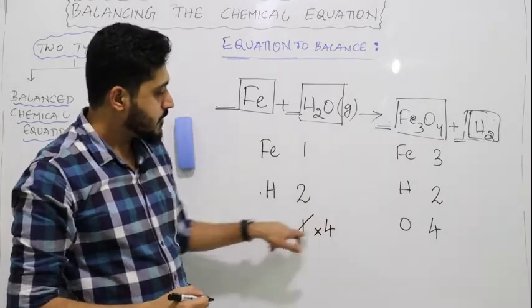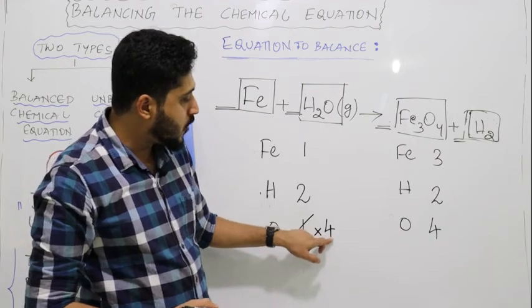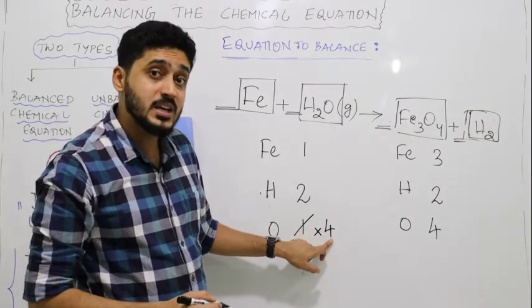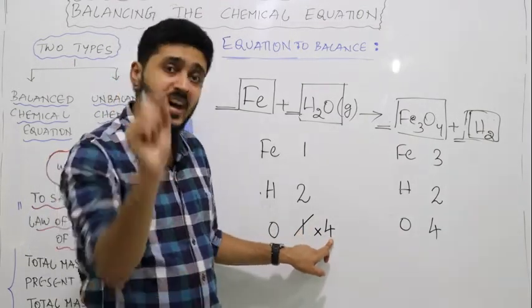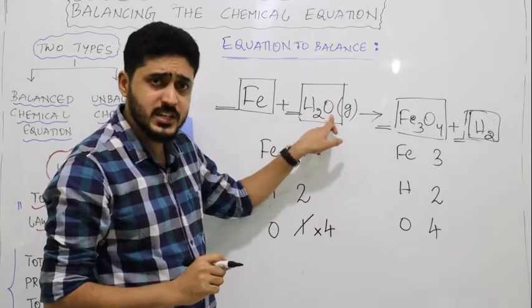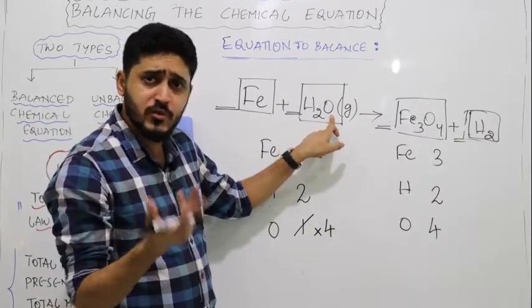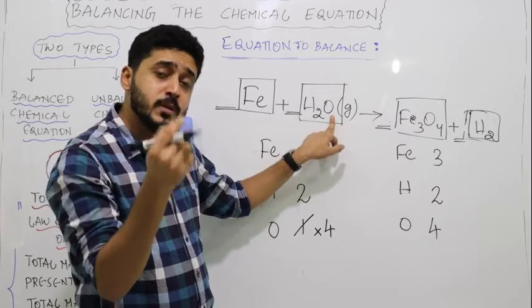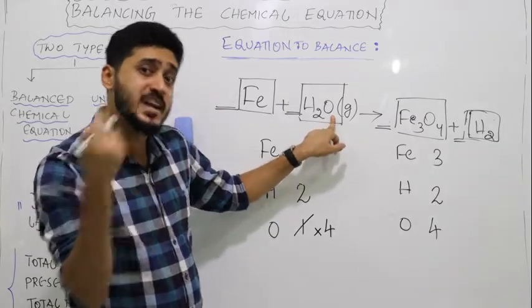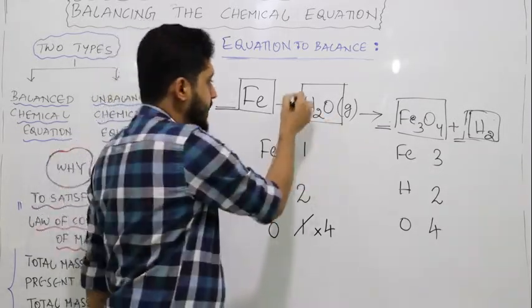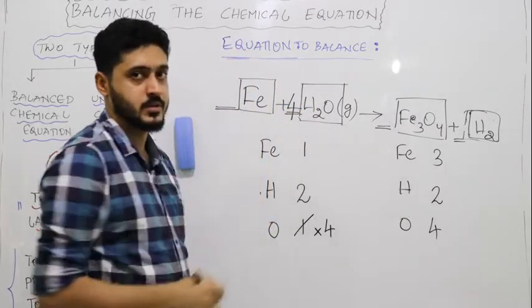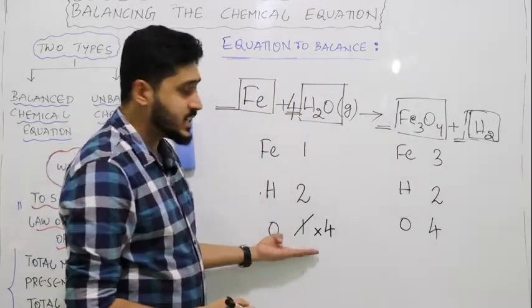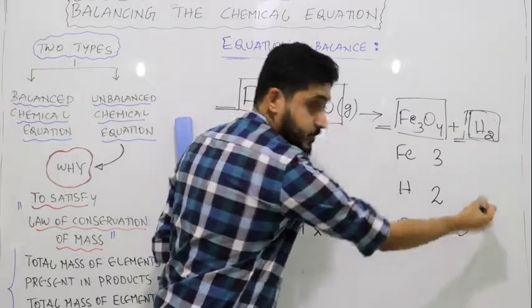Now oxygen you have multiplied by 4. Now this 4 needs to be put where oxygen is present. Oxygen is present in H2O. Can I write H2O4? No, that 4 should be put in front of H2O, meaning that 4 will come over here. Now oxygen is balanced. Done.